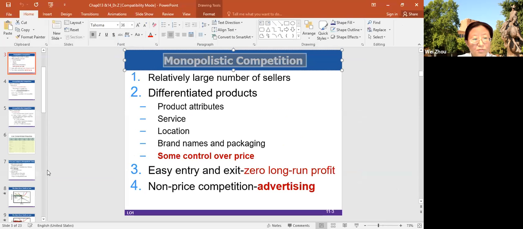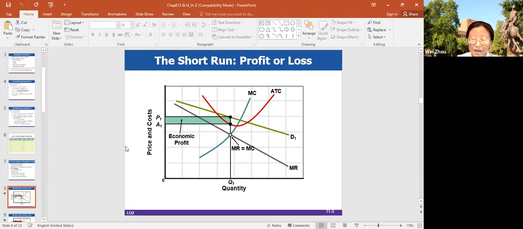The graph is really similar to the pure monopoly. Here, this is your demand curve. It is not flat, but it's not as steep as pure monopoly. And we have marginal revenue, and marginal cost intersects with marginal revenue. We find the quantity level to maximize profit. Then from this output level, go up and we find the price level. Price times the quantity, that square will be revenue.